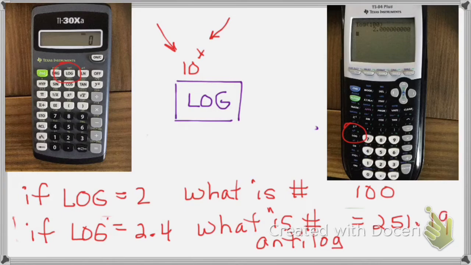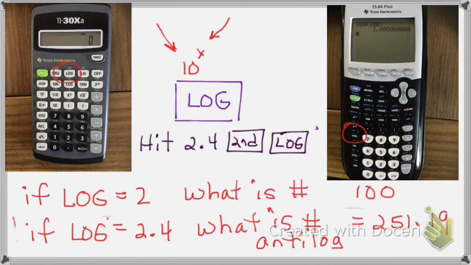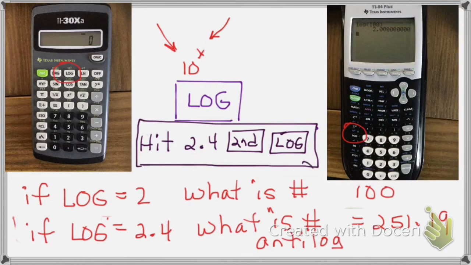Tomorrow during our Zoom session, we'll make sure all of you are able to do this, but please make sure you can figure this out on your calculator. We'd be hitting the 2.4, then the second, and then the log in order to get this answer.